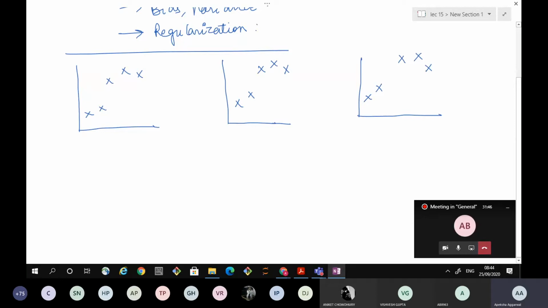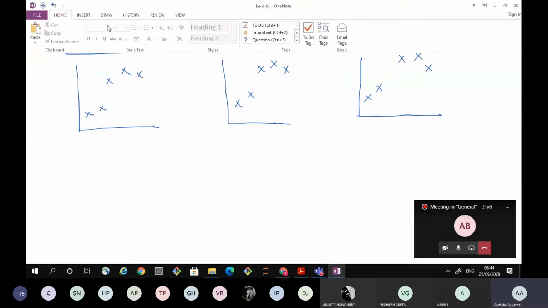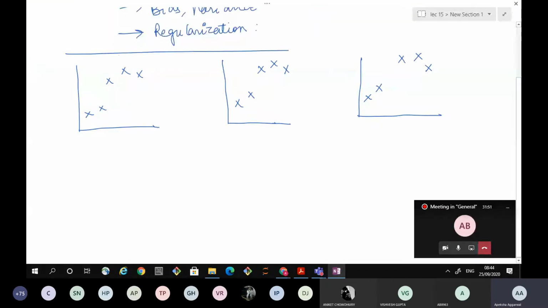Okay. So now to explain the difference between underfitting, overfitting, and simply good fit. Suppose I draw a line like this, which does not represent my data. This is called underfitting. And suppose I'm drawing a line like this, which is exactly representing my data.